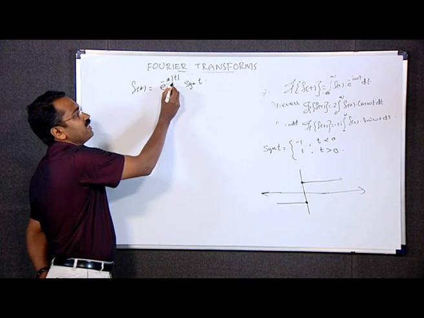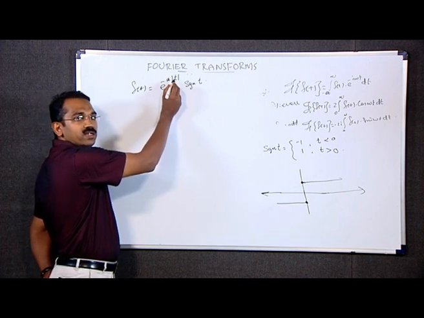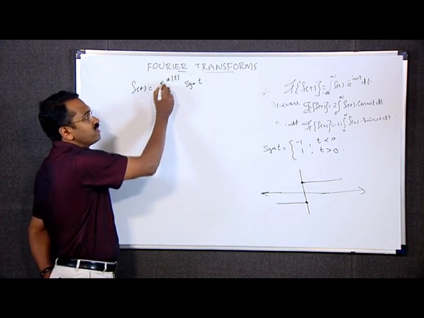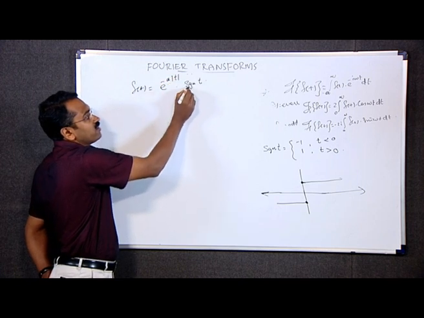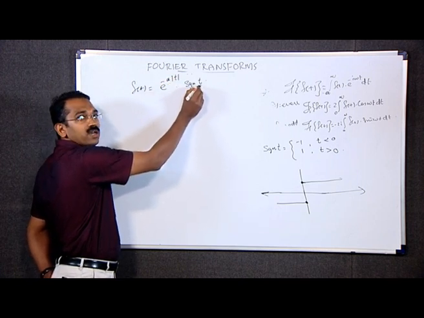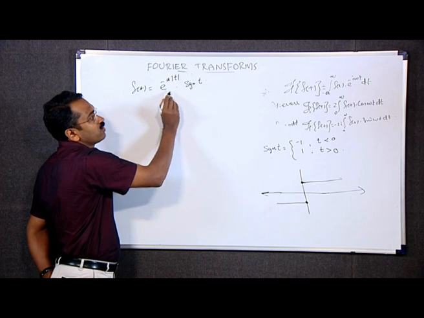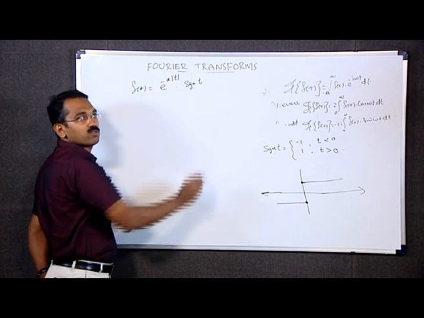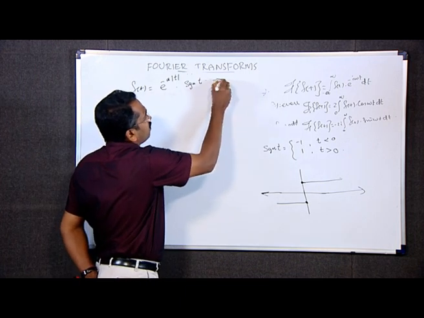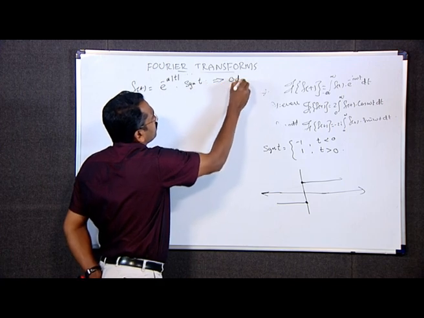Here, e raised to minus a into mod t is clearly an even function. Signum function is an odd function. Therefore, this is a product of an even function and an odd function, which is an odd function.